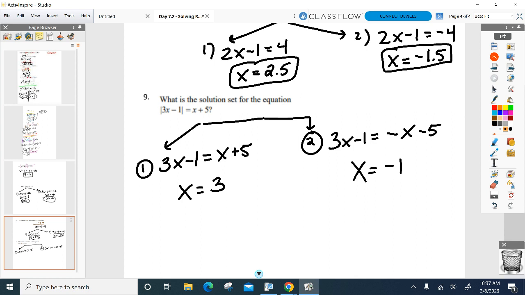And yes, they both will check. Both will have left and right side equal.